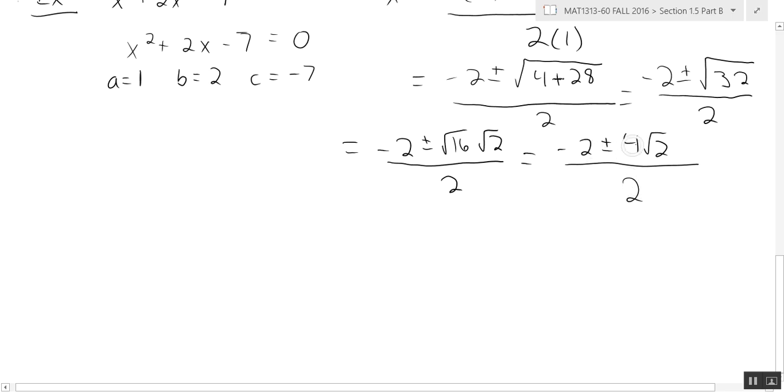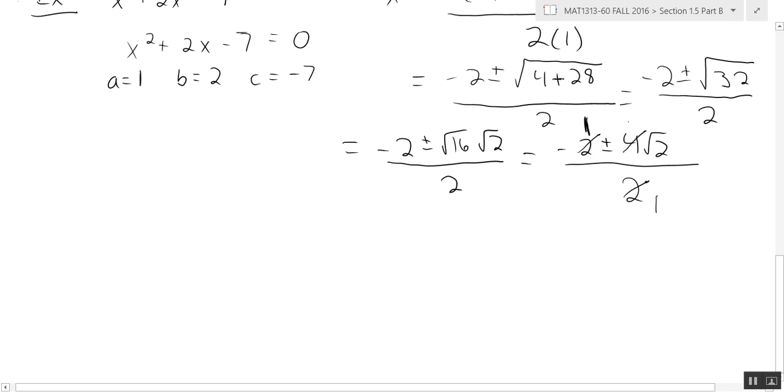And what can we divide all three of those by? 2, right? You can divide the denominator by 2, you can divide this first number by 2, and you can divide 4 by 2. So the denominator is going to become 1. This first number is going to become a negative 1. And then this is going to be plus or minus.